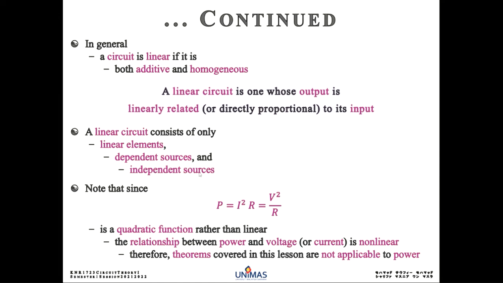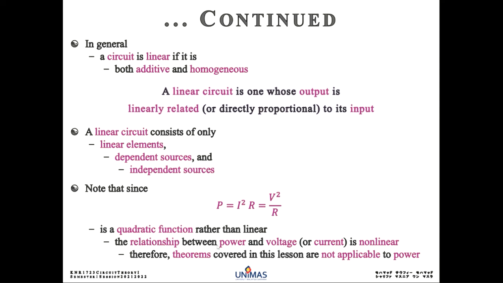Okay, so you have V is equal to IR, but power is equal to I squared R or V squared over R. So power is not linear because it is a product of a square. I squared, V squared, so it is a quadratic function.